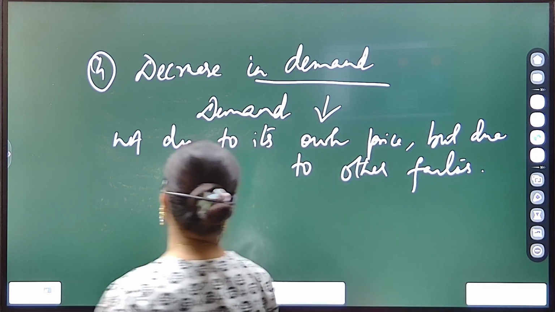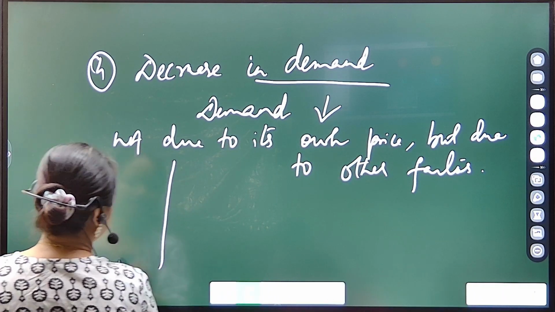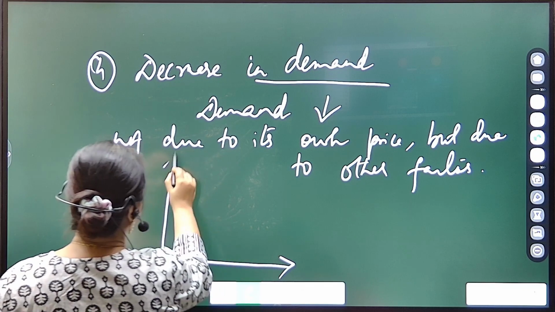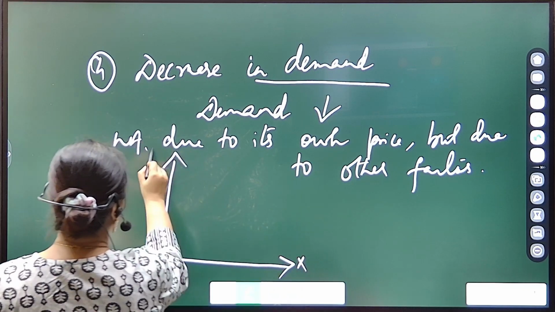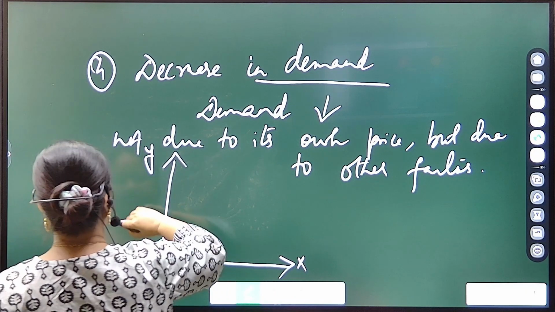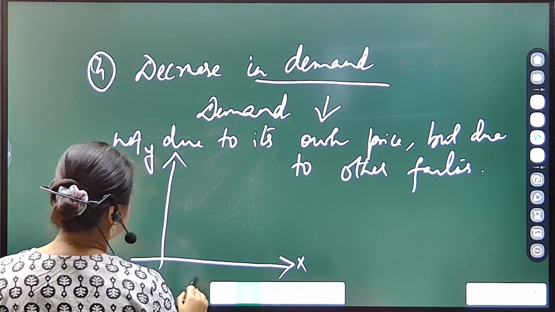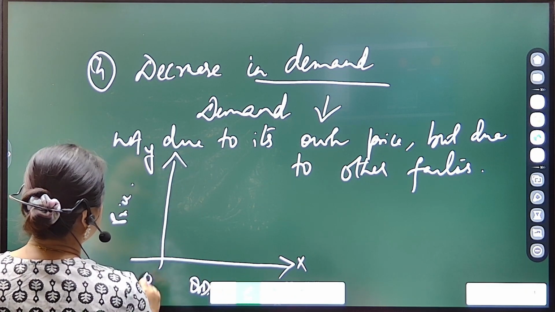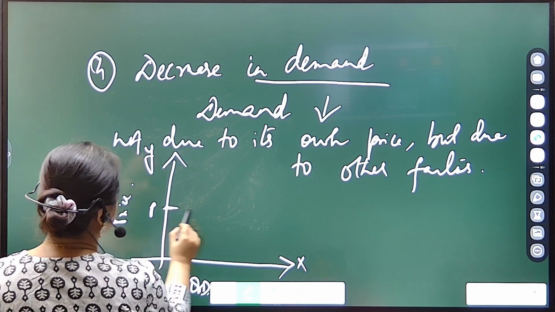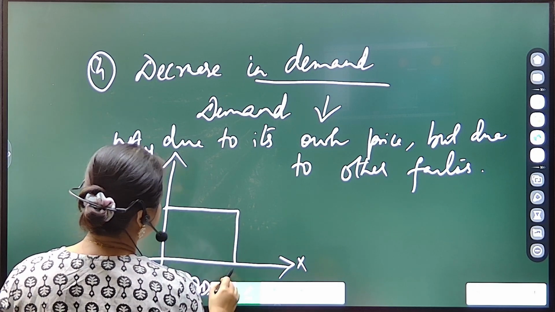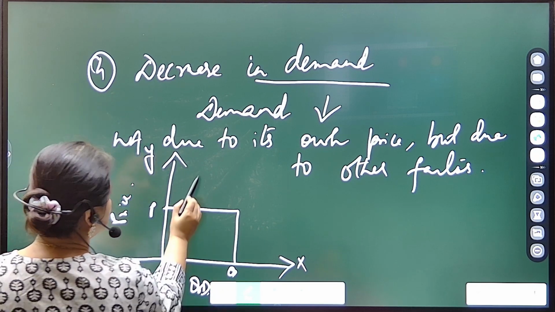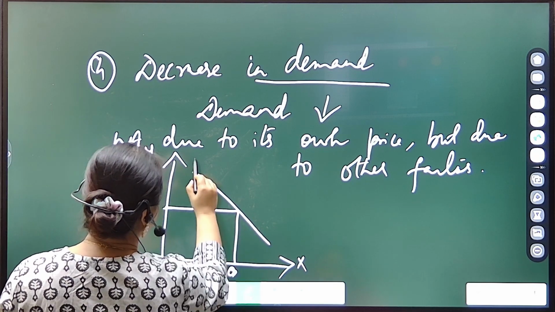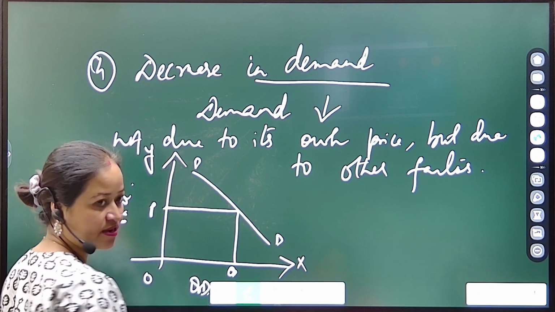Okay? So here again you see the demand curve. This is the x-axis, y-axis. So this side is your price, this side is your quantity demanded. So this is the price. At this price, the earlier demand is, suppose, Q. So your demand curve is this one, D and D, right?